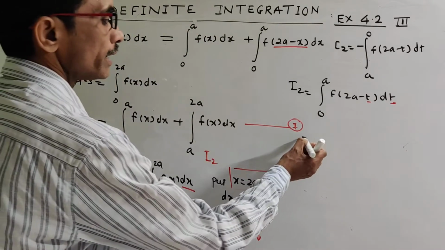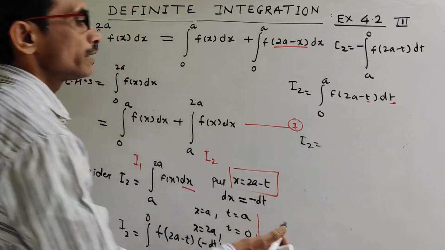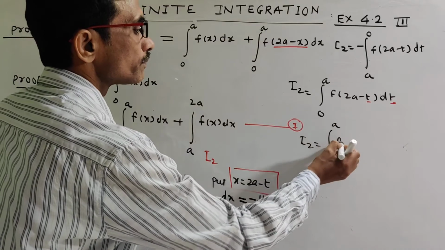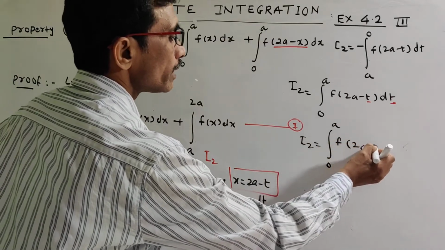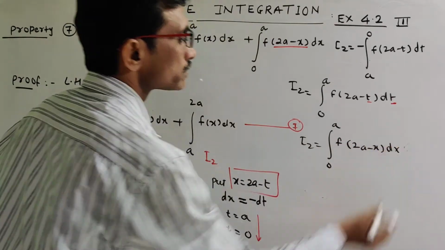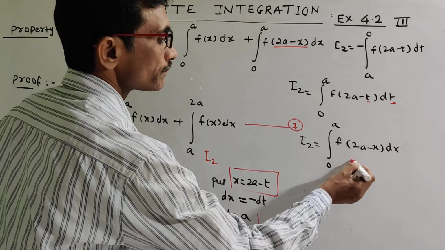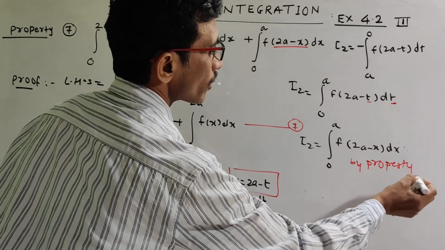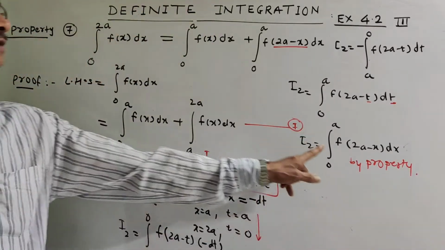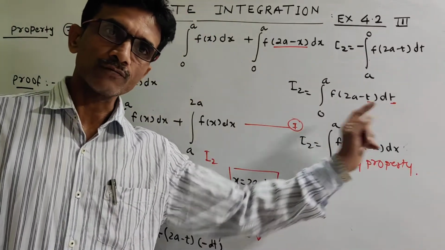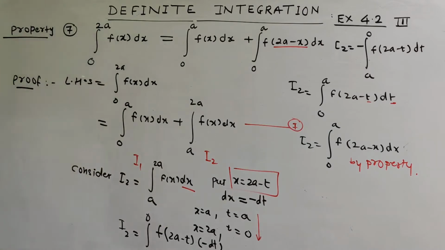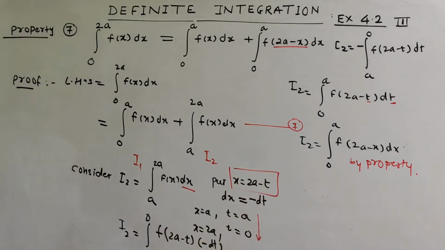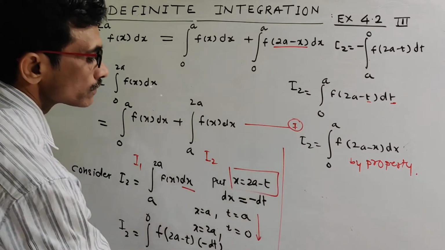So I2 is equal to integral 0 to a f(2a minus x) dx. This is by the property: integral a to b f(x) dx is equal to integral a to b f(t) dt. This is our I2. Now we substitute in the first equation.